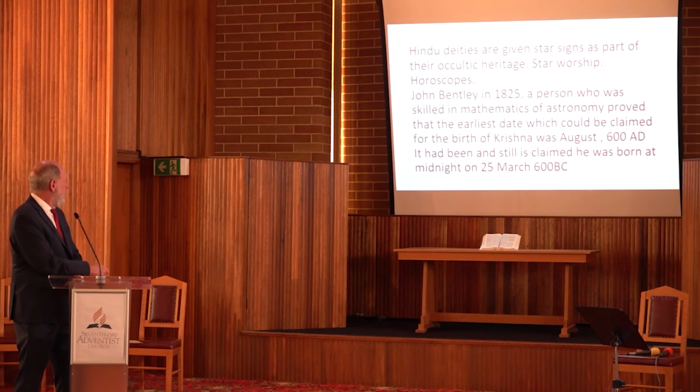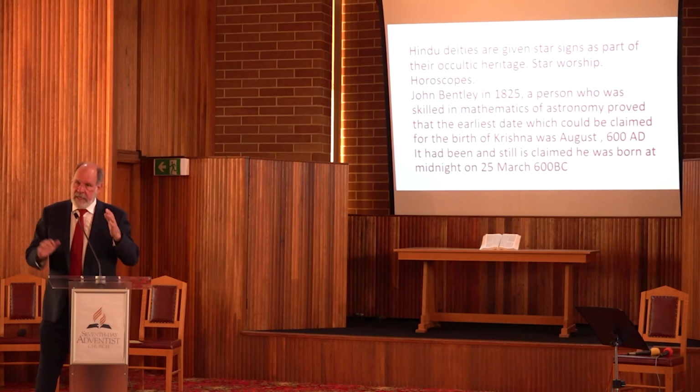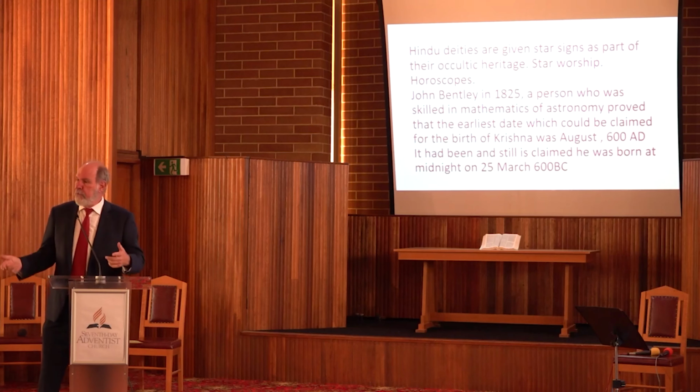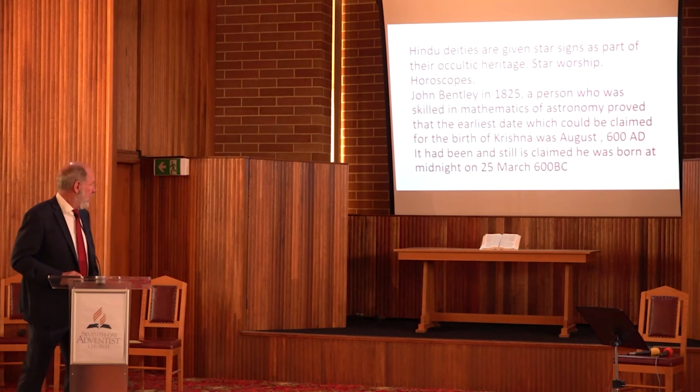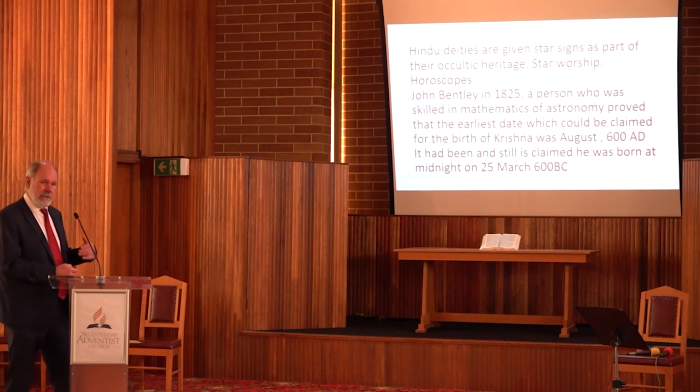Every Hindu deity has a star sign as part of their occultic heritage. What that means is that there is a map drawn of what the heavens looked like at the time that deity was born, the time that deity was created. And there's a chap called John Bentley who in 1825 was skilled.